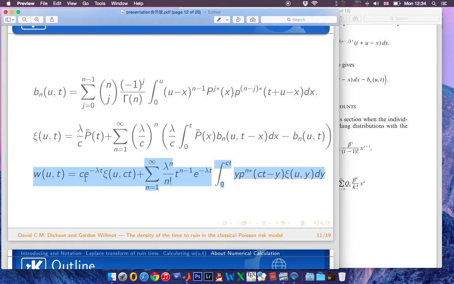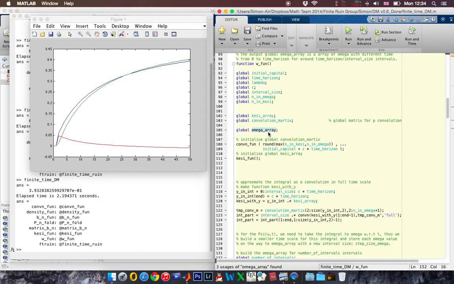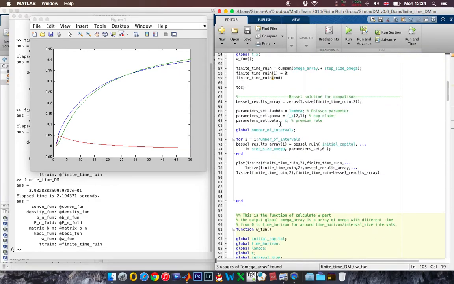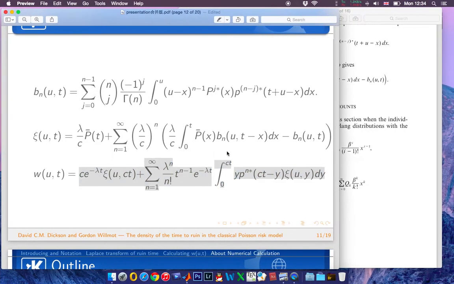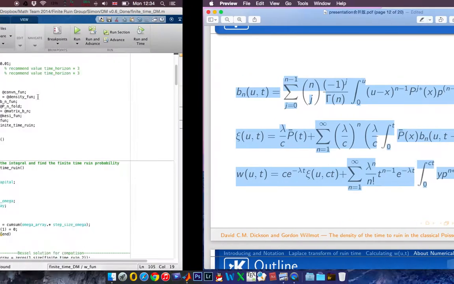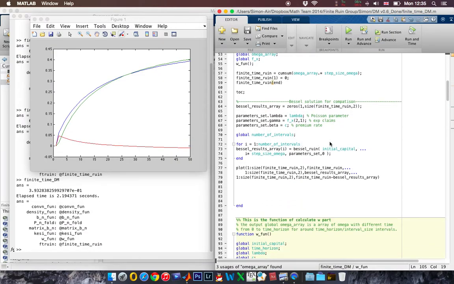The easiest way is to build an array for omega and calculate it just one time. So with the omega array generated by this w function, we are literally finishing the calculation of all of these three equations. Now, all of the values we need are calculated. The final step is simply to take the integrals.